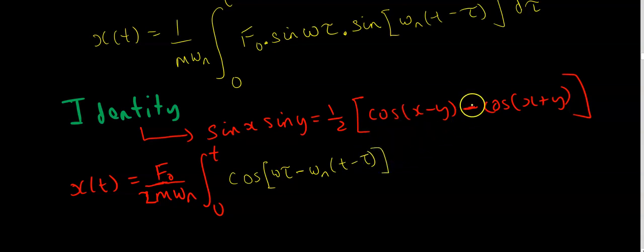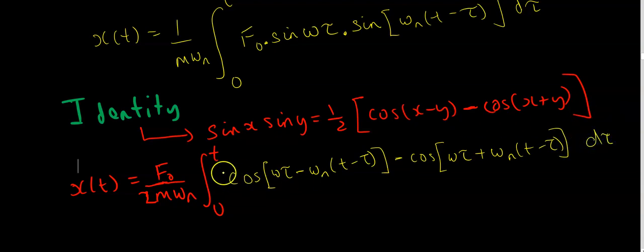And then this minus sign is going to come here, so minus cos, then again omega tau, but now plus omega_n (t minus tau). And that entire expression is going to be integrated with respect to d tau.